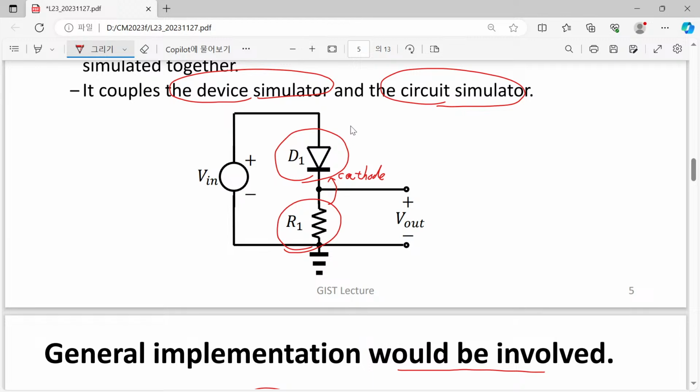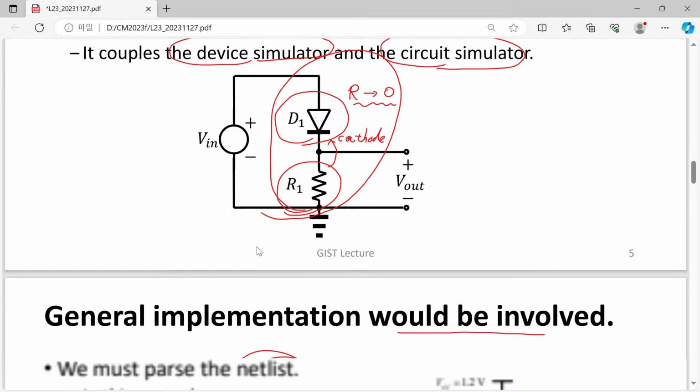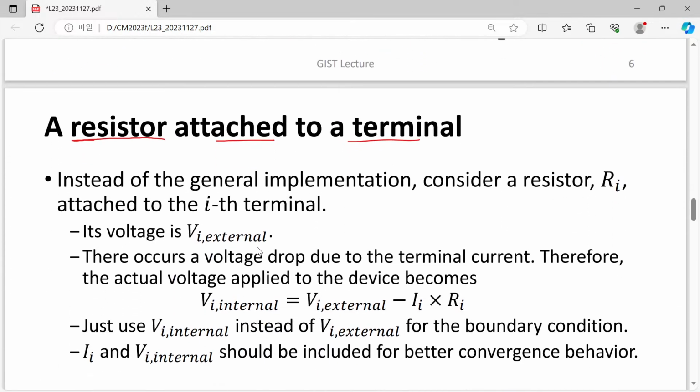In the case of the anode, we can say that the anode is also attached to a resistor. However, its resistance goes to 0. A very small resistance is attached. So now you can think of this kind of system with this quite simple approximation or assumption. So a resistor is attached to a terminal, then how can we consider this kind of system? That is the main topic of our part 1.